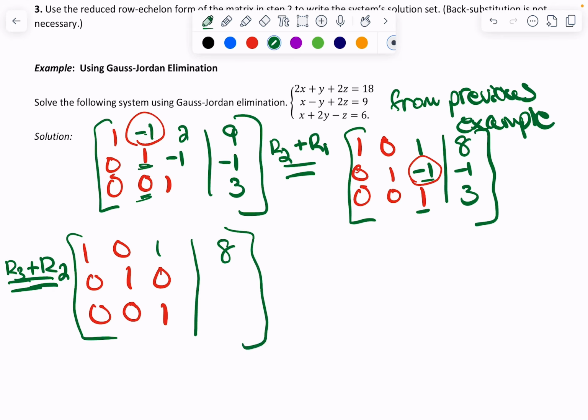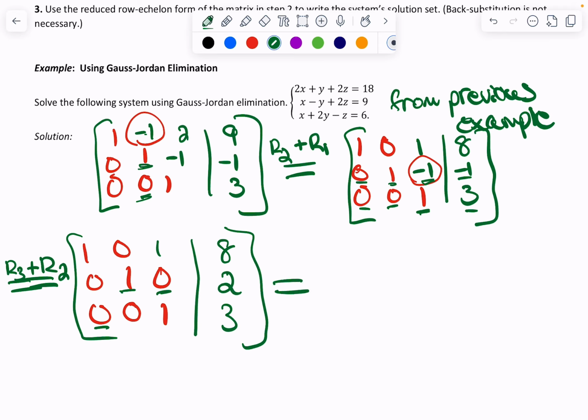The third row does not change. So row 3 plus row 2. 0 plus 0 is 0, which we have here. 0 plus 1 is a 1. 1 minus 1 is a 0. 3 minus 1 is a 2.